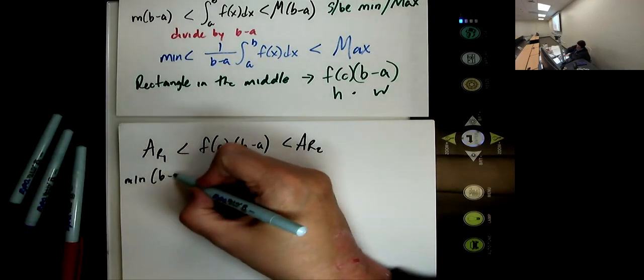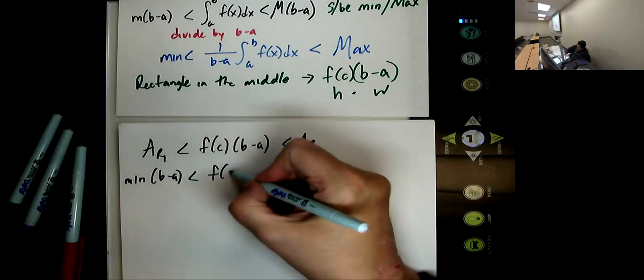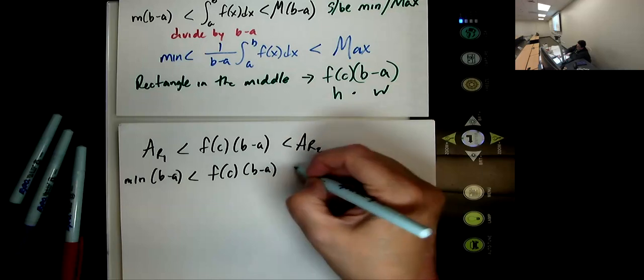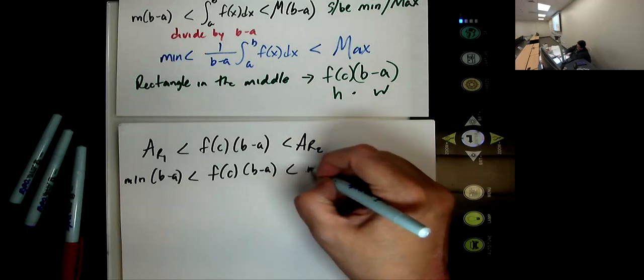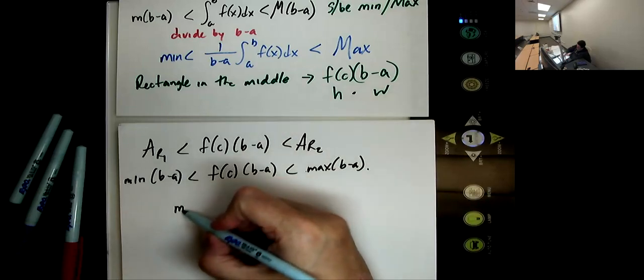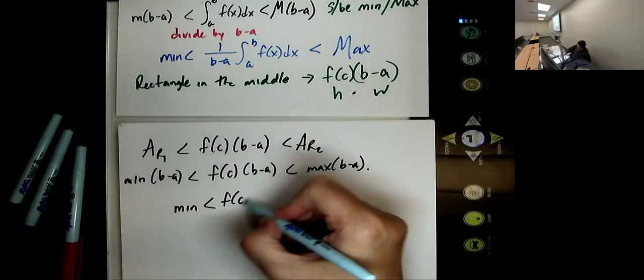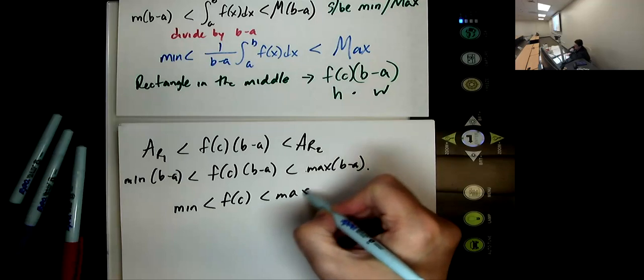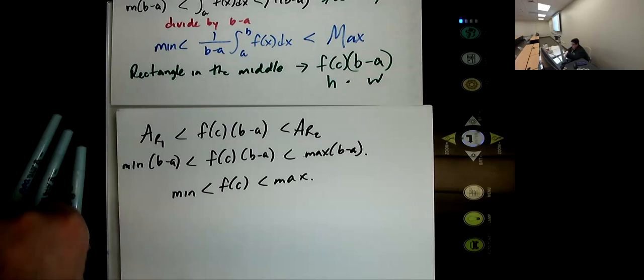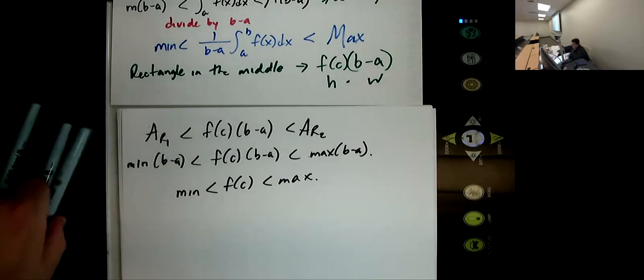Min times B minus A is less than f of C times B minus A, and max times B minus A. And we get the min is less than f of C, which is less than the max. These two compare.